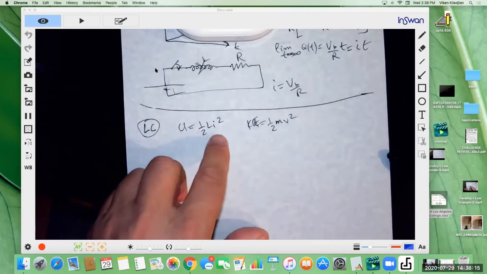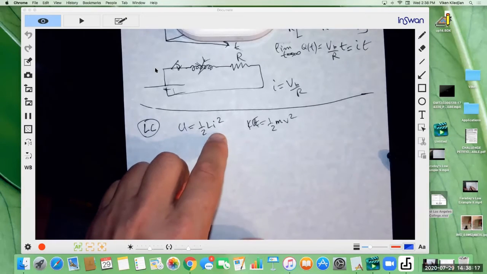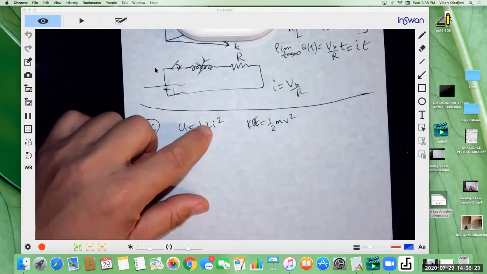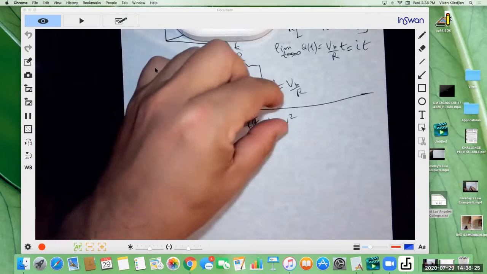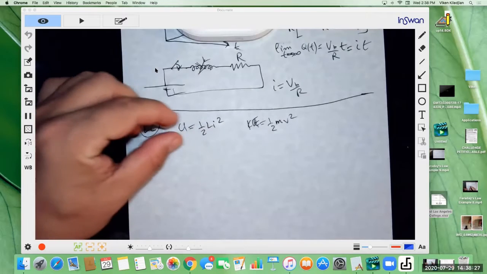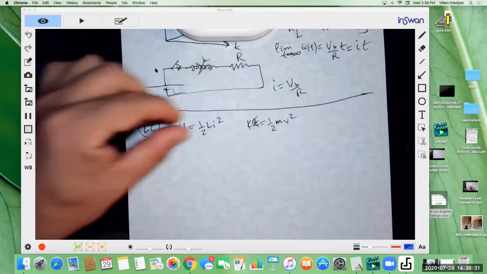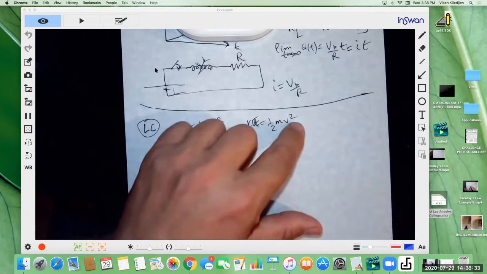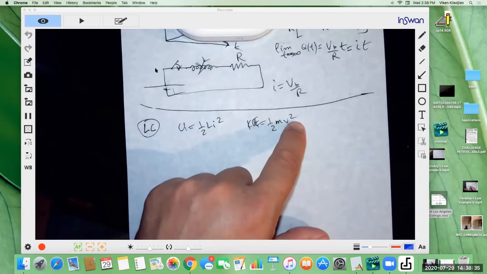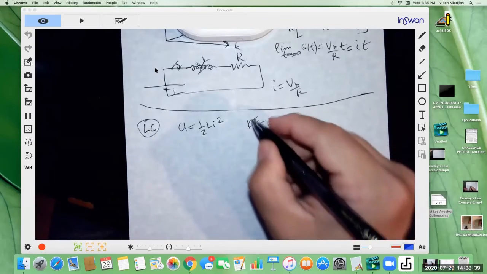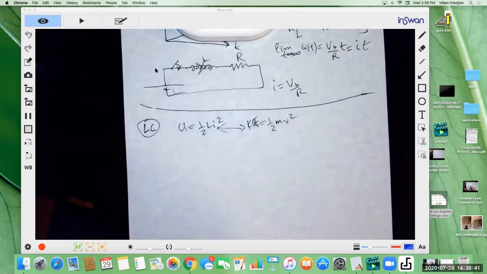So the energy inside of an inductor is in the form of a motion kind of energy, where the current flowing through the inductor creates a magnetic field, and it behaves like the kinetic energy that a falling object has, that a moving object has. So that's the analogous Physics 101 analogy.